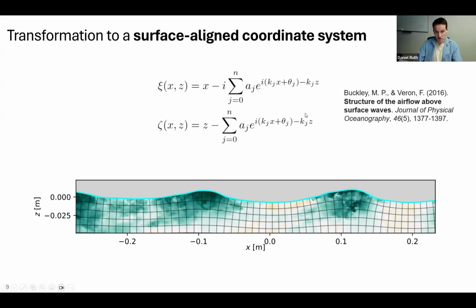The effect of each mode then decays back to the Cartesian coordinate system over a length scale that depends on the mode itself. This is the same method that was used for looking at the flow above the waves in this paper from Buckley and Braun. So, I hope that answers the question.